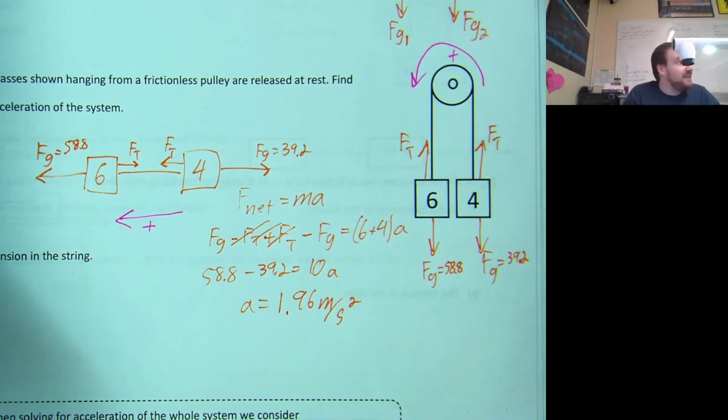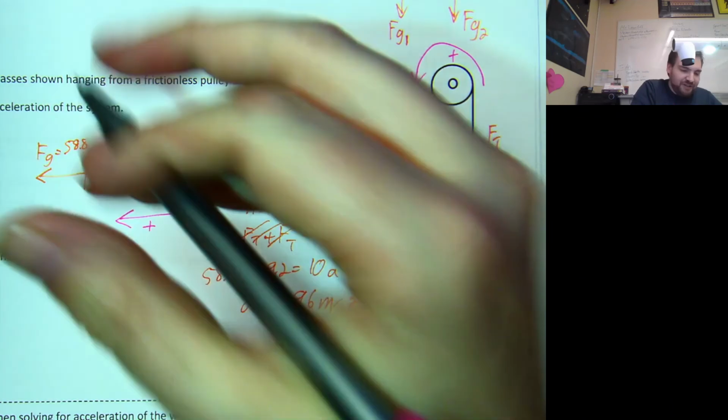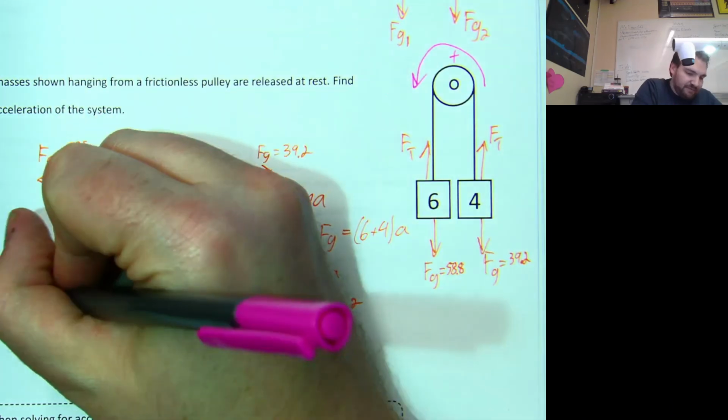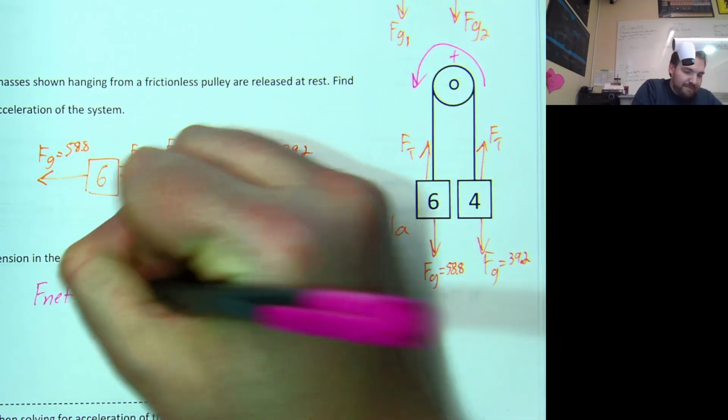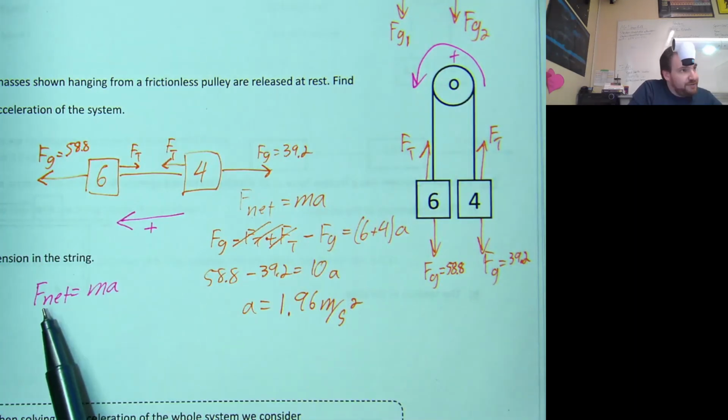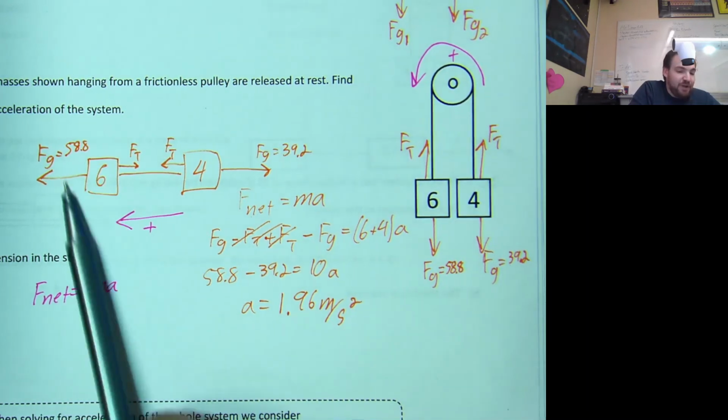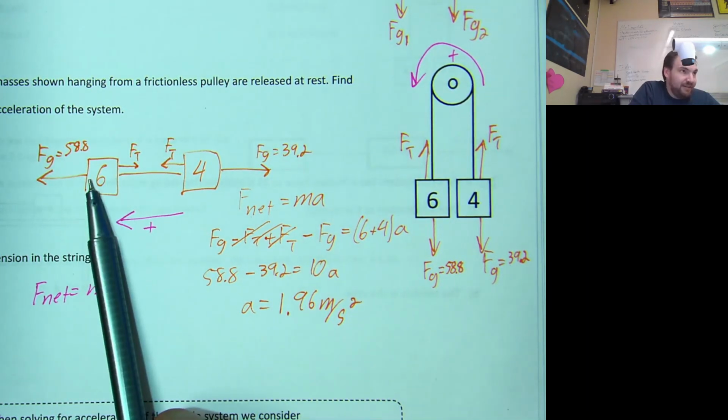And then to find the tension in the string before the bell goes in less than a minute, we focus on one block here. Which block do we want to use? Jasmine, pick a block. Left block. So then what's my F net equation going to look like?